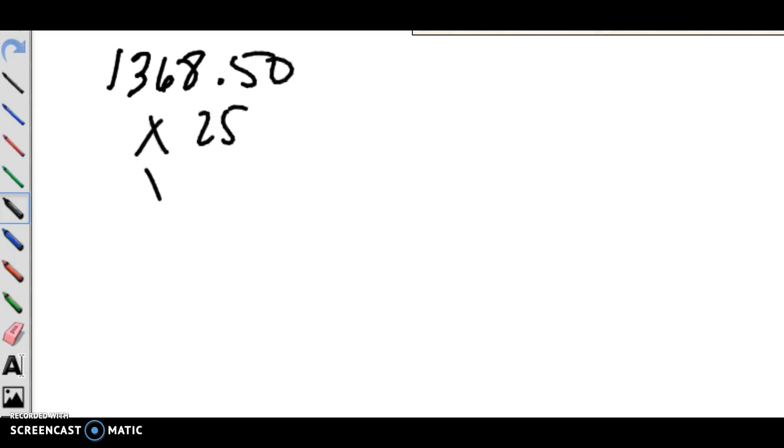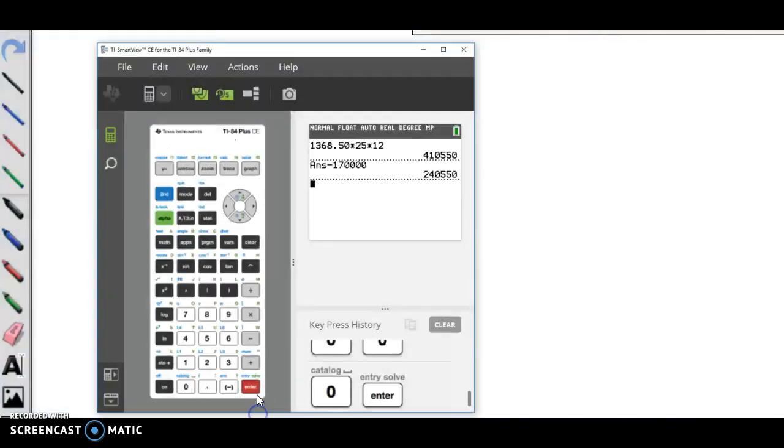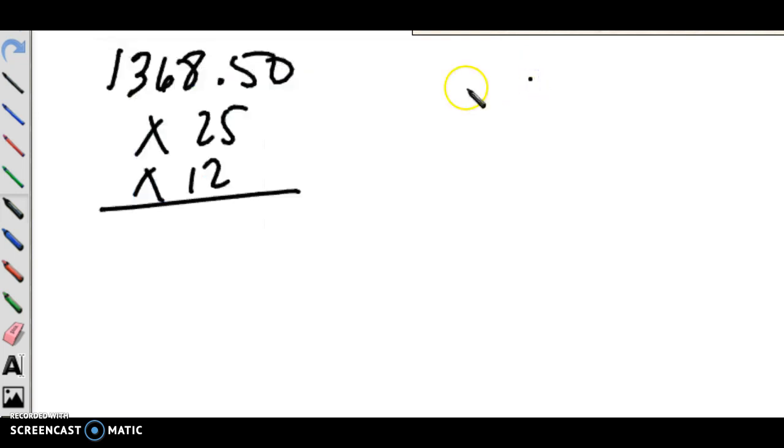Okay, so we remember from before that they are paying $1,368.50 for 25 years. They're making 12 payments in every year. And we got a total when we multiplied that. I don't remember, so I'm going to have to multiply it again. Oh, there it is, $410,550.